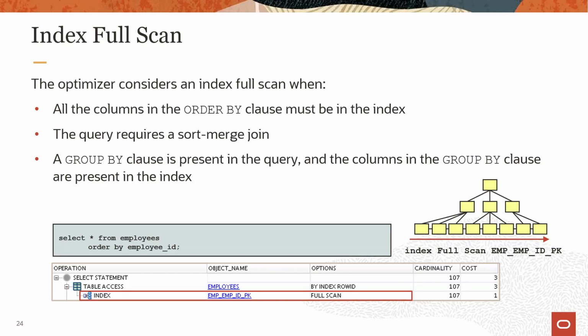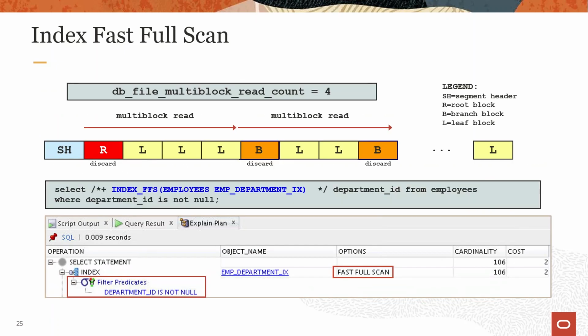So the optimizer considers an index full scan when all the columns in the order by clause are in the index, or whenever the query requires a sort merge join, or a group by clause is present in the query and the columns in the group by clause are present inside the index. The index fast full scan is an alternative to full table scans when the index contains all the columns that are needed for the query.